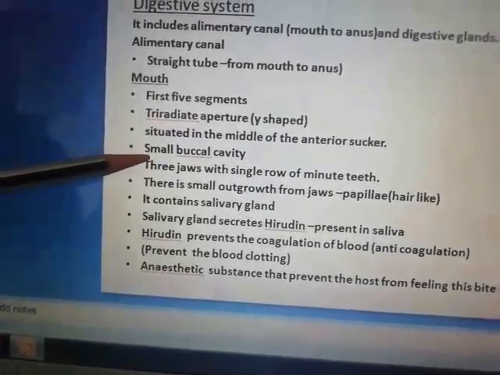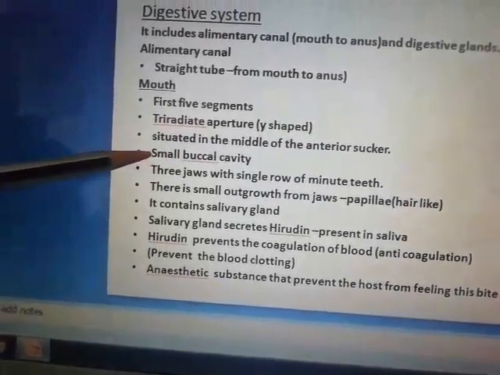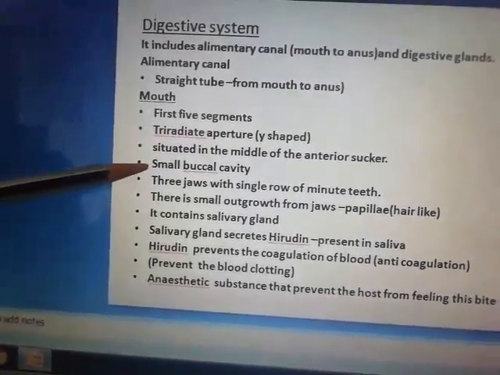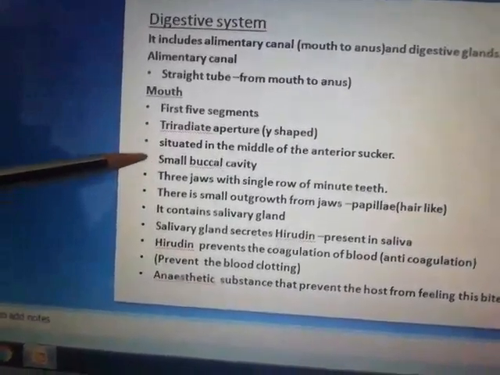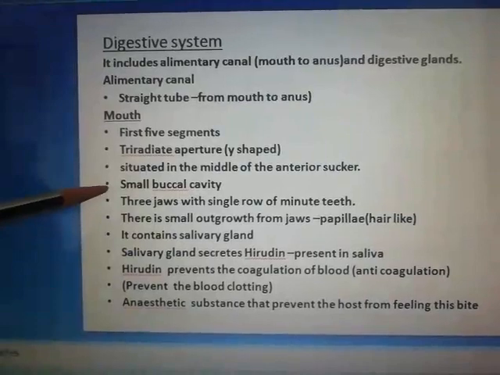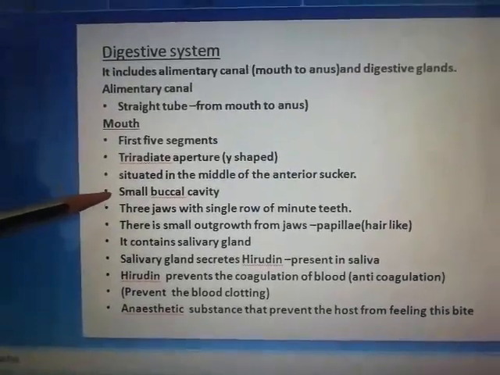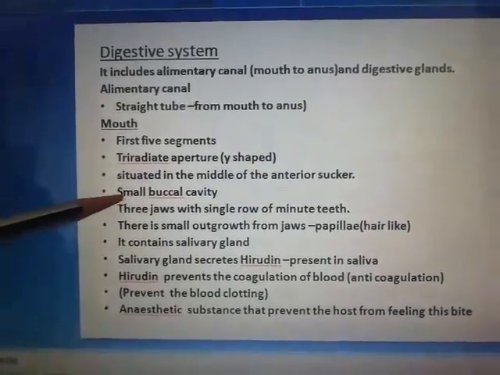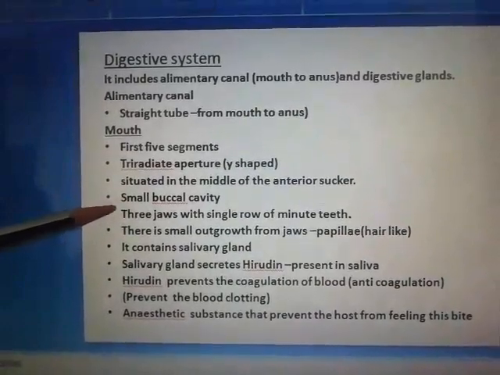There is a small buccal cavity in the mouth. We can see in our mouth there is a gap. In that gap teeth and tongue are present. Like this, in leech also there is a small buccal cavity in the mouth.